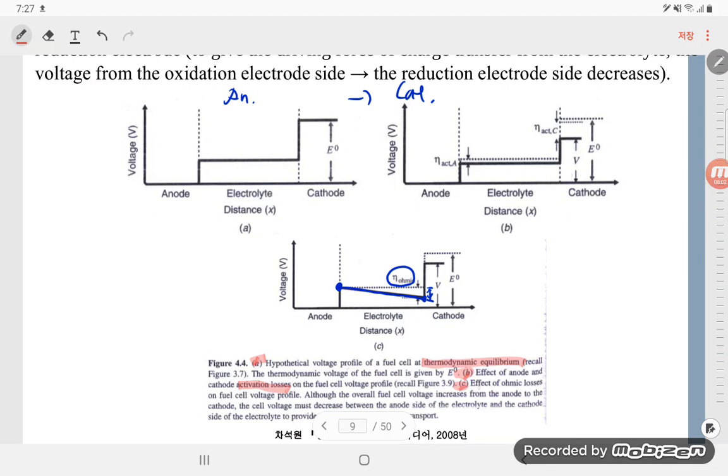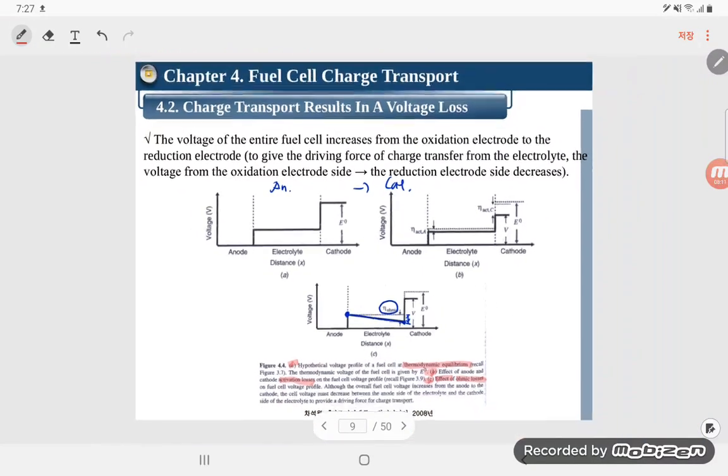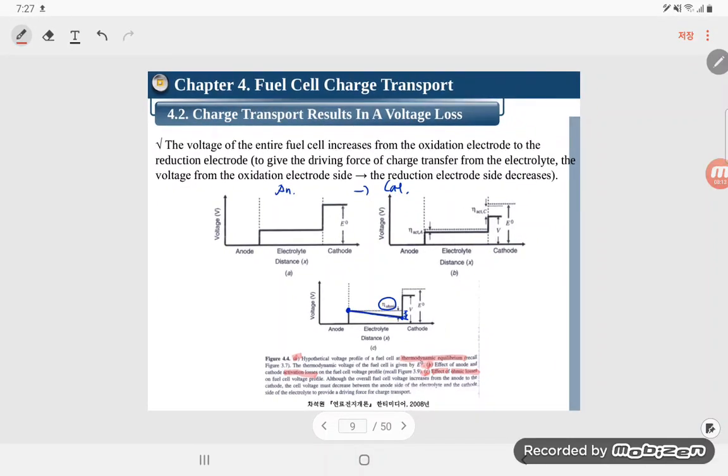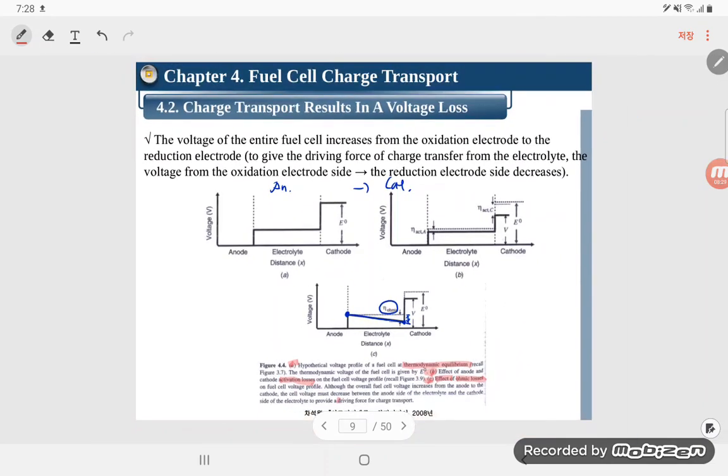And C is the effect of the ohmic losses on the fuel cell voltage profile. So, although the overall fuel cell voltage increases from the anode to the cathode, the cell voltage must decrease between the anode side of the electrolyte and the cathode side of the electrolyte to provide a driving force for charge transport. And that is Ohm's law.